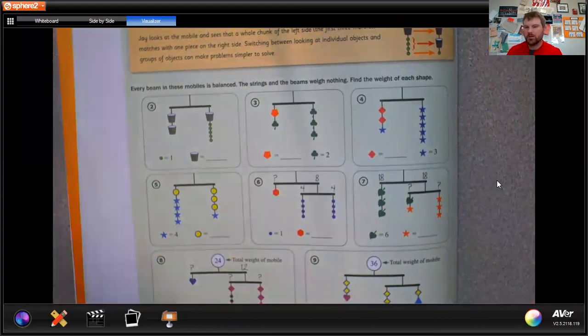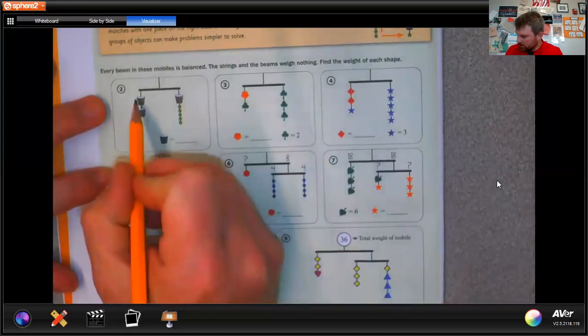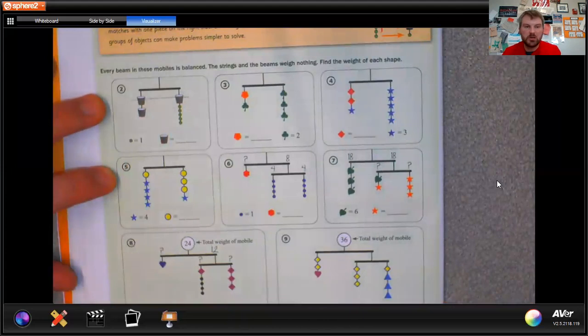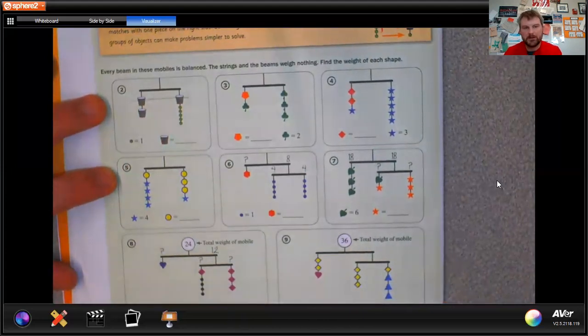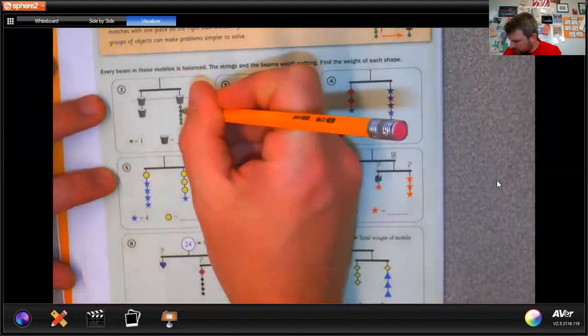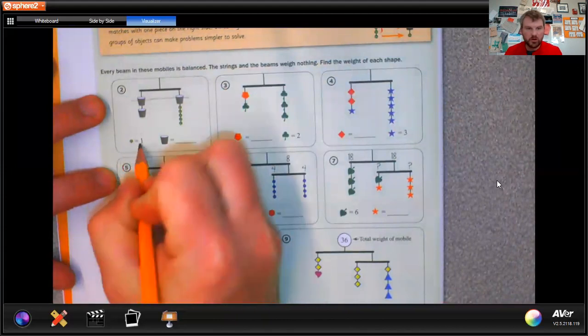So let's work a couple here. We're going to cross out the things that match, because if they are matching, they really don't matter. They weigh the same on each side. And here I have one bucket and 1, 2, 3, 4, 5 marbles. And I know a marble is worth 1.